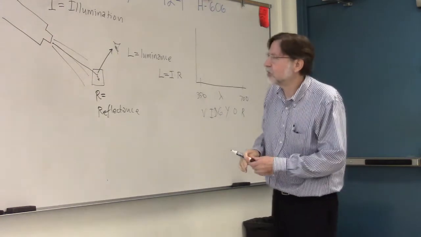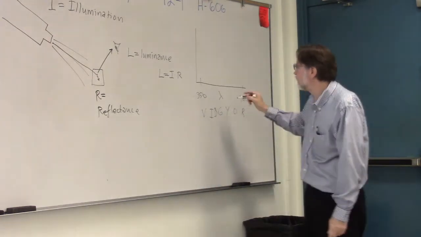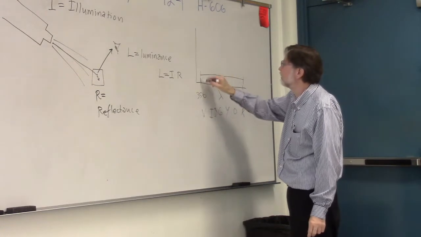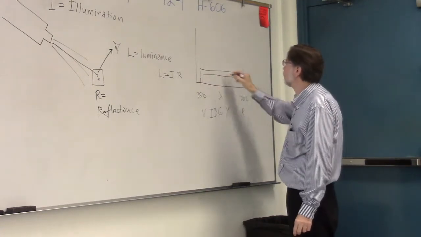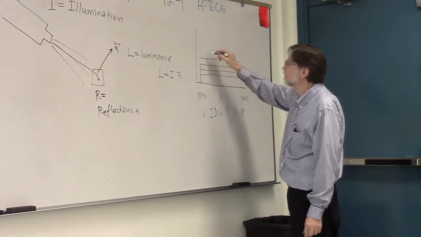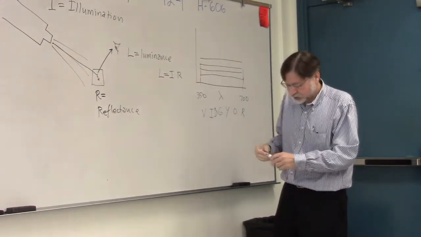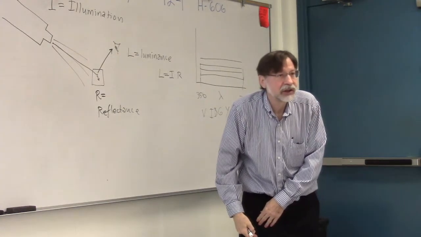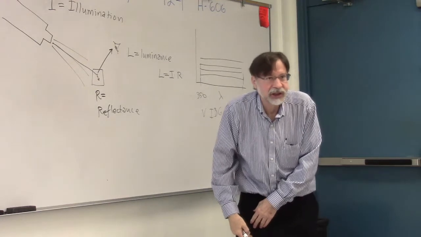Now the objects I'm going to be talking about now are called neutral colors. They have reflectance that's equal all the way across the spectrum. These are the so-called neutral colors. And an object like these pants reflects about 20% of the light that's shining on them.